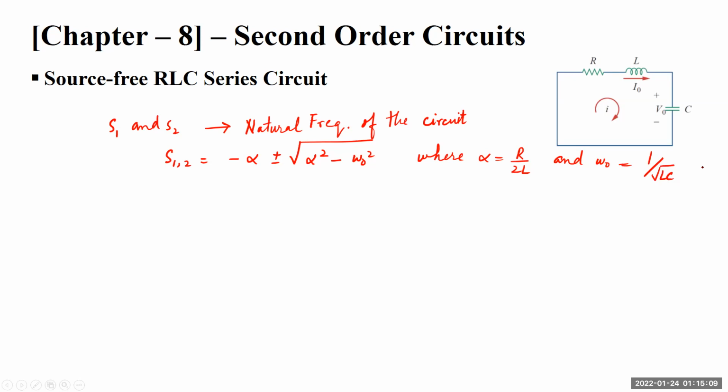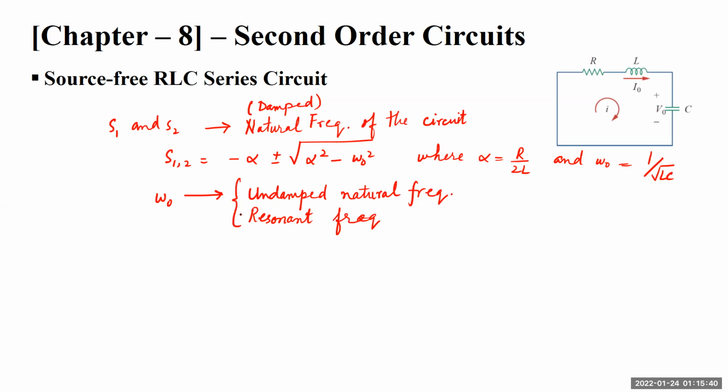Okay, so this is one case. Remember, S1 and S2 are the damped natural frequencies, and omega naught is the undamped natural frequency. We can also call it the resonant frequency.